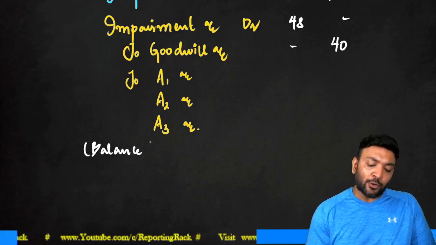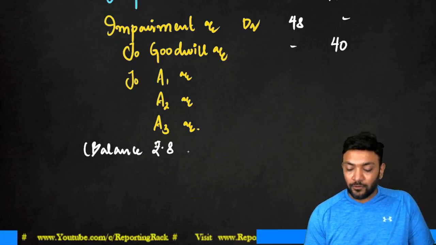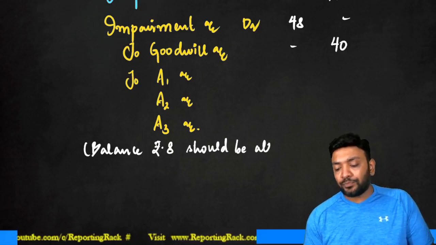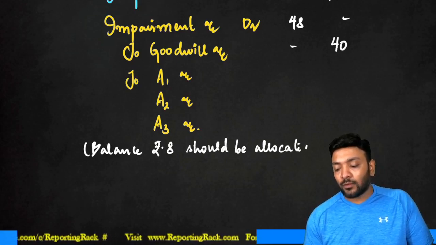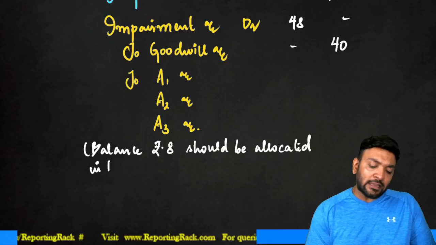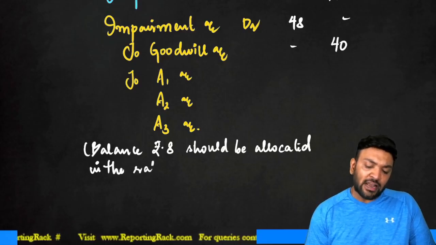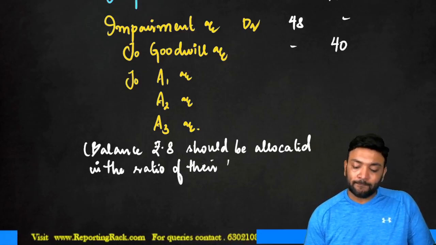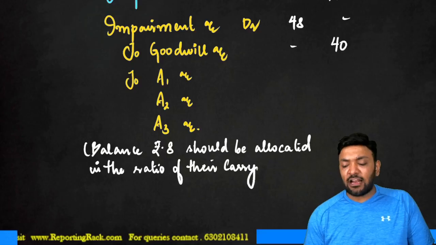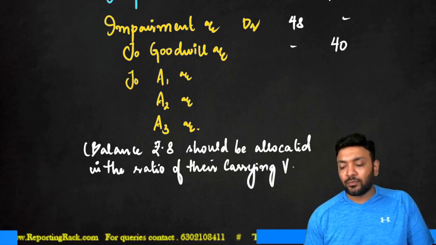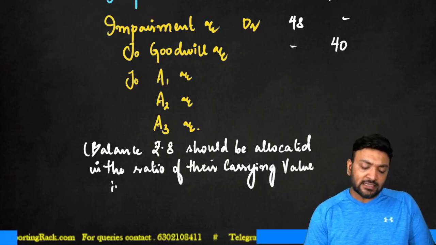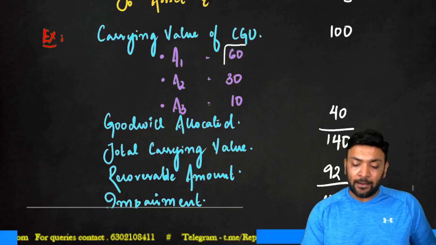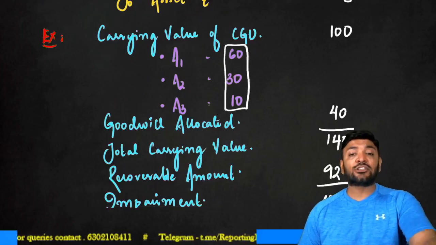Balance 8 rupees should be allocated in the ratio of their carrying value. What is the carrying value of these assets in the CGU? Check the carrying values: 60, 30 and 10. In the ratio, it is 6:3:1.